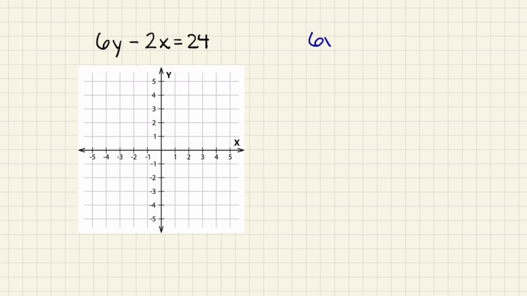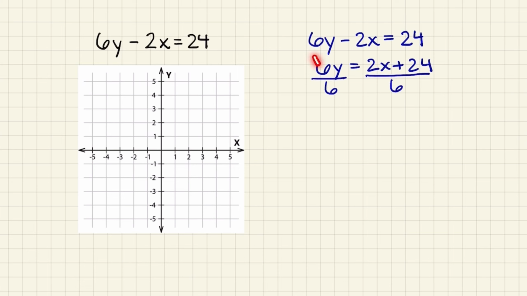So 6y minus 2x equals 24. We'll add 2x to both sides. We get 6y equals 2x plus 24. Divide by 6 on both sides. The 6's cancel and we get y.